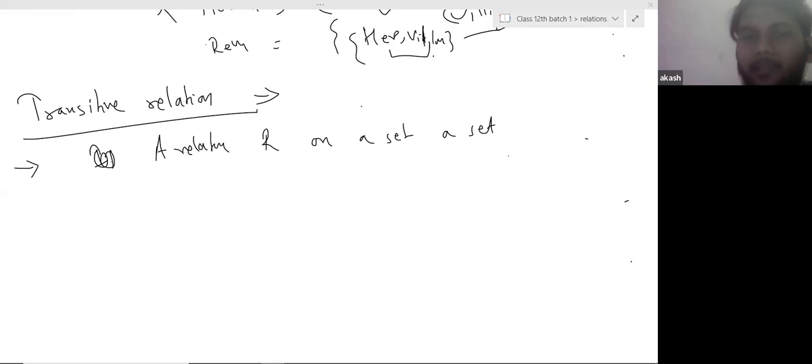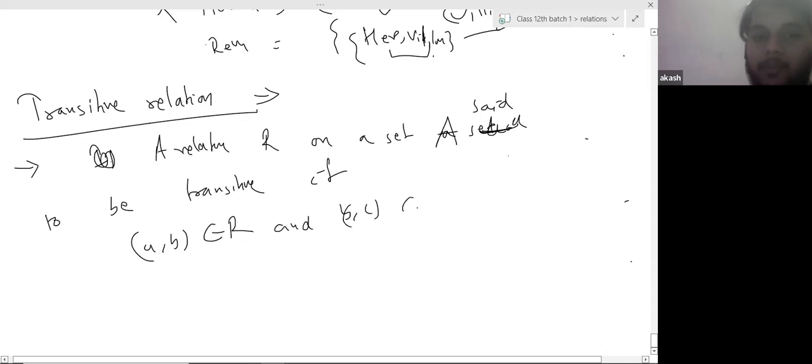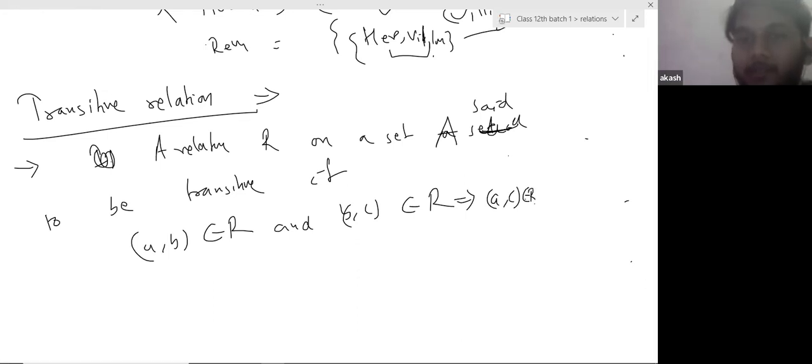So let's write it very clearly. A relation R on a set A is said to be transitive if (a, b) belongs to R and (b, c) belongs to R implies that (a, c) belongs to R. Read it out, everyone, and think about this.